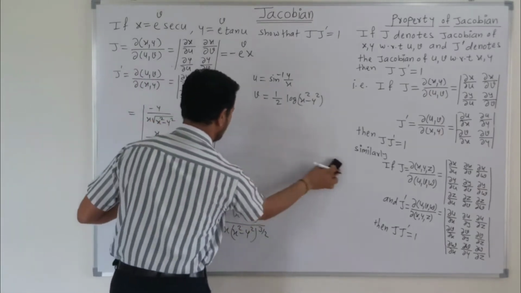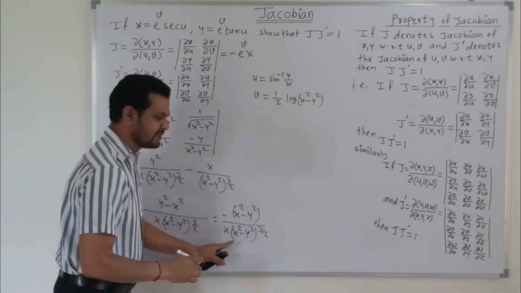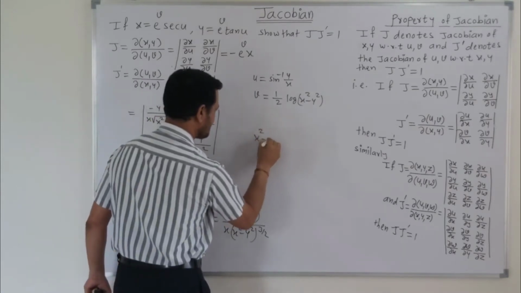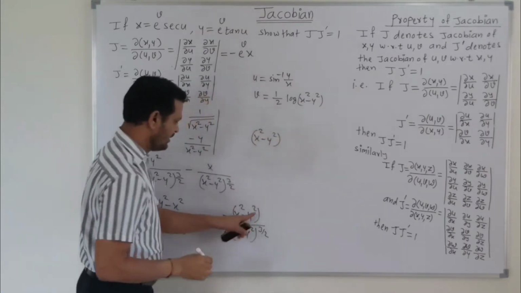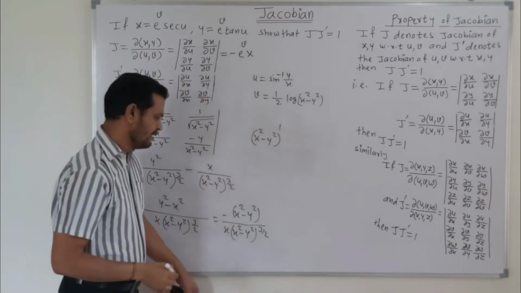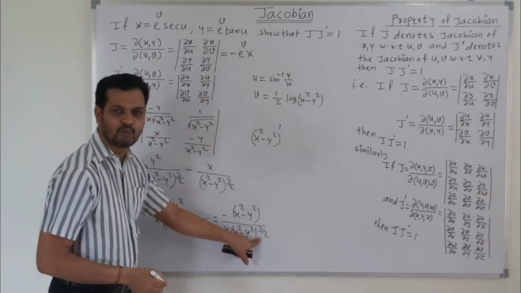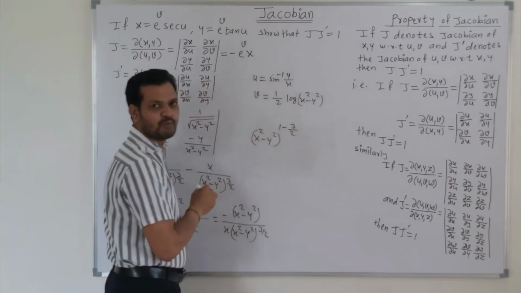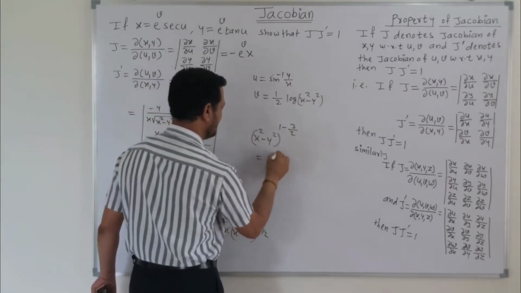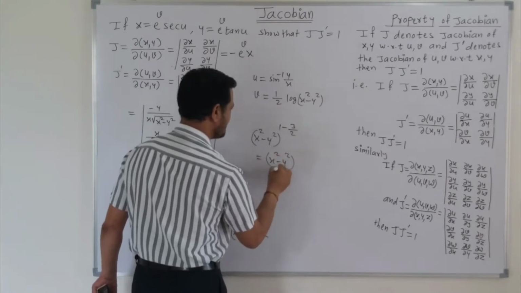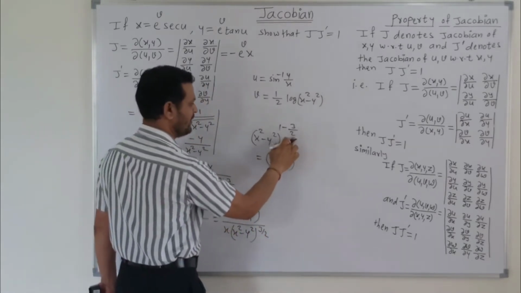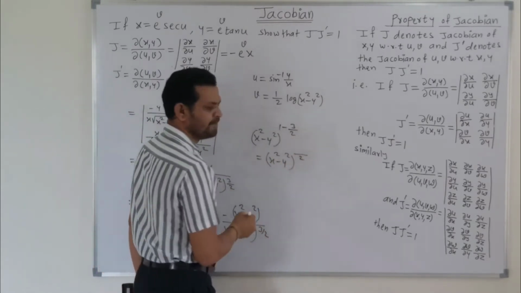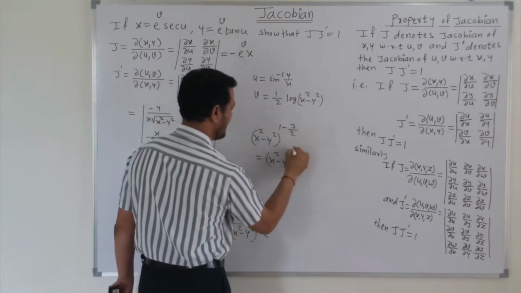So once again if we try to simplify this term, then we get this as x square minus y square. So the power of this term is 1. If we take this 3/2 power from the denominator to the numerator, this becomes minus 3/2. So if we once again simplify, this is x square minus y square raised to, taking this denominator common, 2 minus 3.